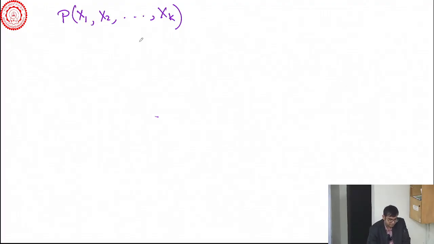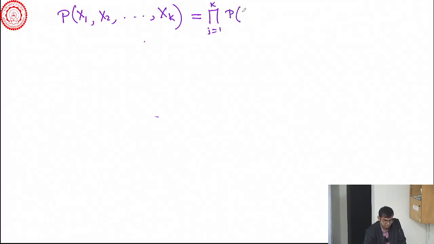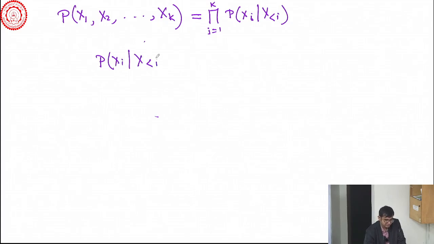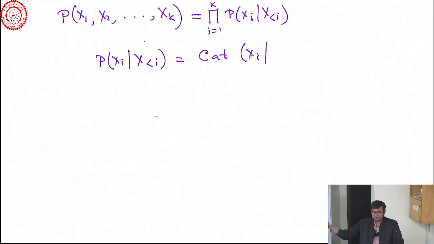Okay. So this is what these pixel locations are, and this is equal to the product over i equal to 1 to capital K of P of xi given x less than i. Now, in this case, my P of xi given x less than i will be modeled as a multinomial, categorical, okay, as a categorical distribution of xi given some parameters, which are the p's.